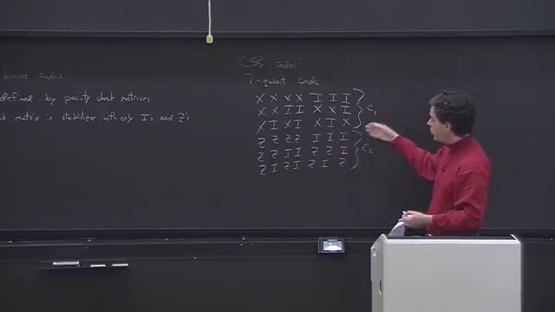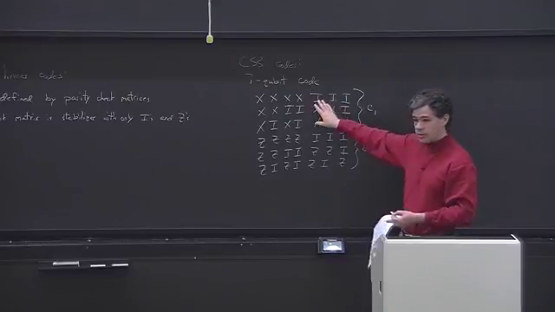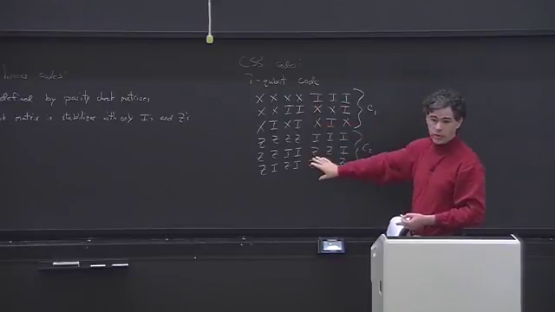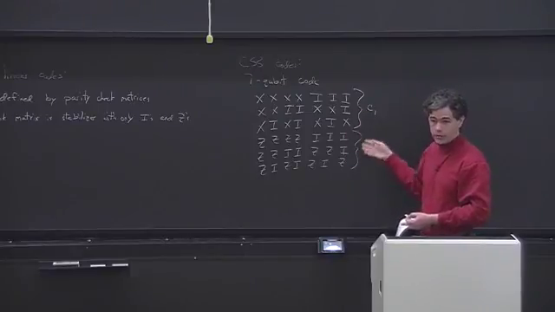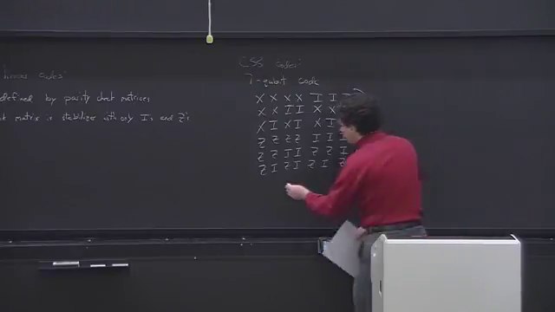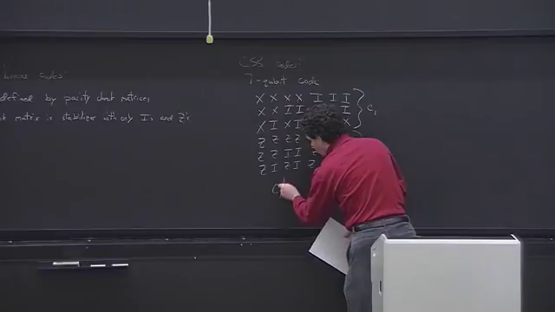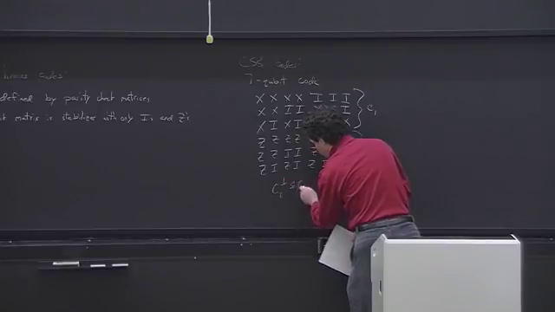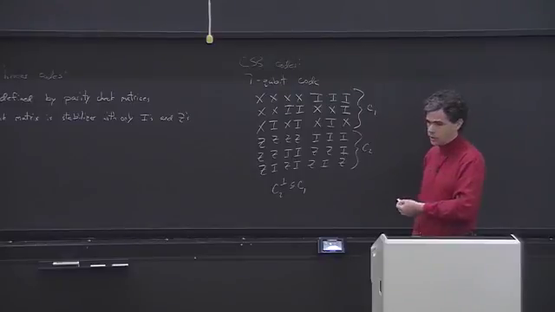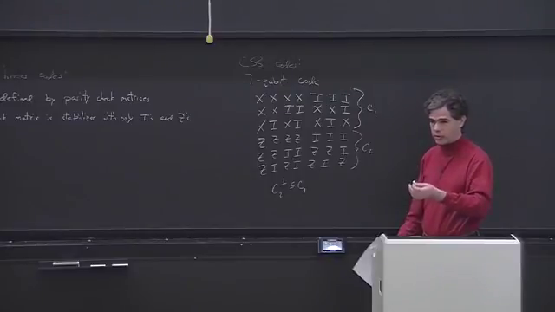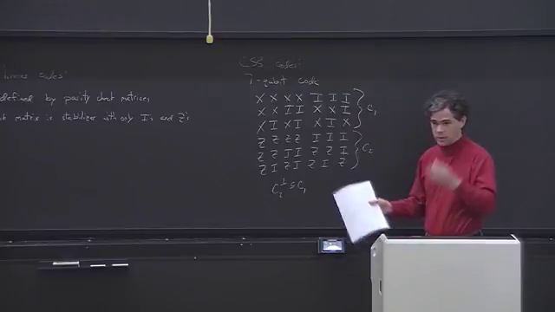But to do that, there's something you have to check. You have to check that these X operators commute with these Z operators. So you can't just take 2 arbitrary codes. They have to be codes that have some relationship. Which it turns out the correct relationship is that C2 dual is a subset of C1. So C2 dual is the code consisting of all the code words that are orthogonal in the binary dot product.